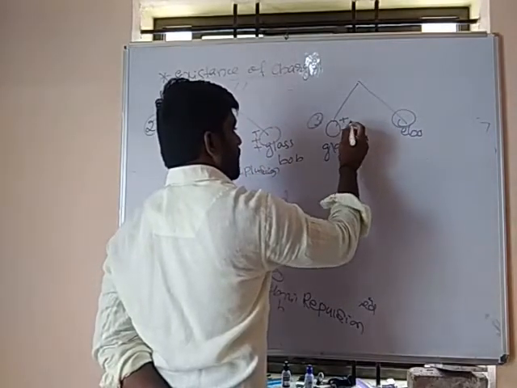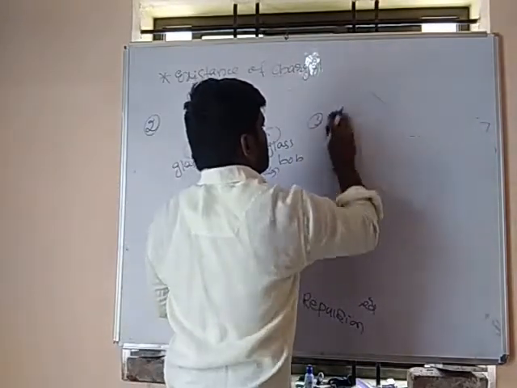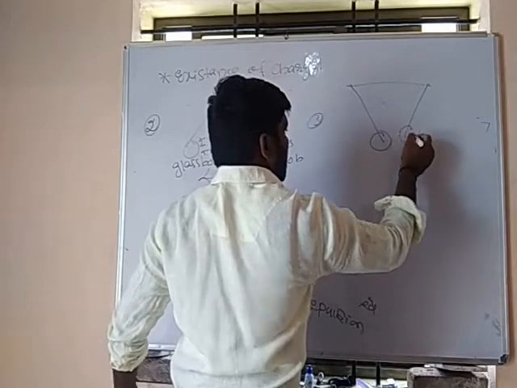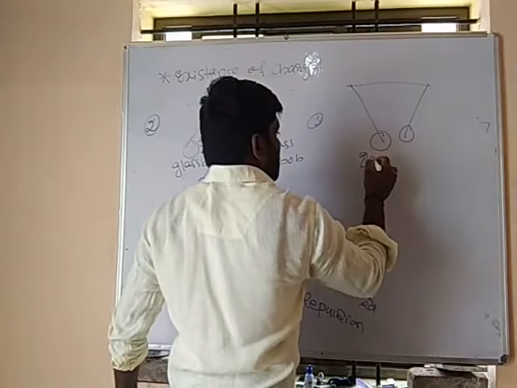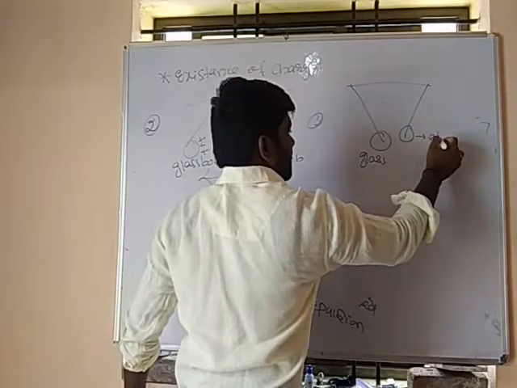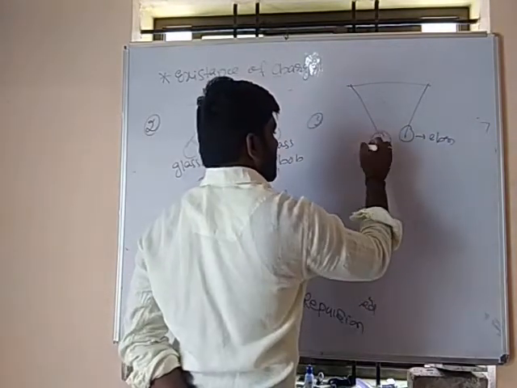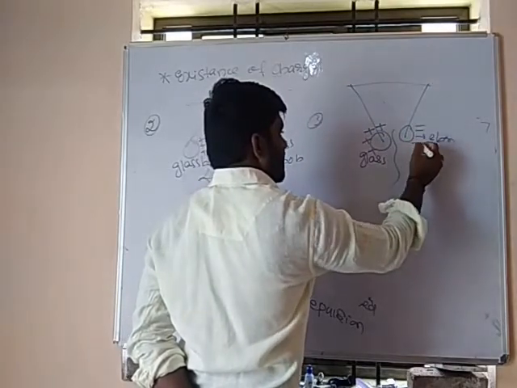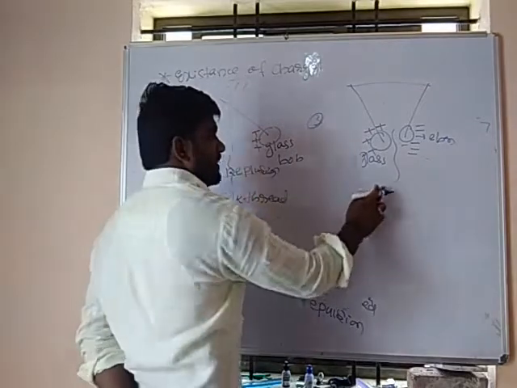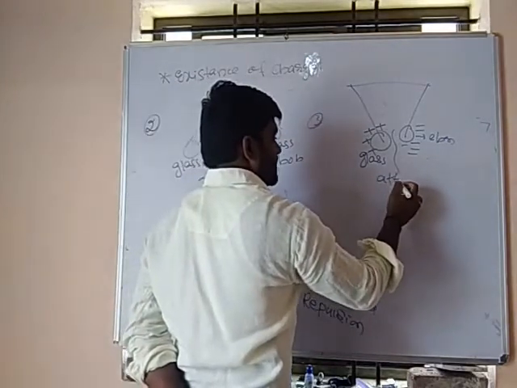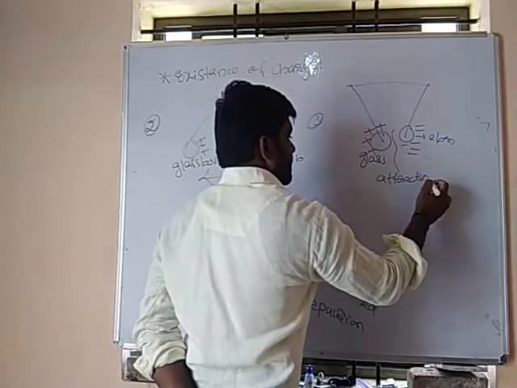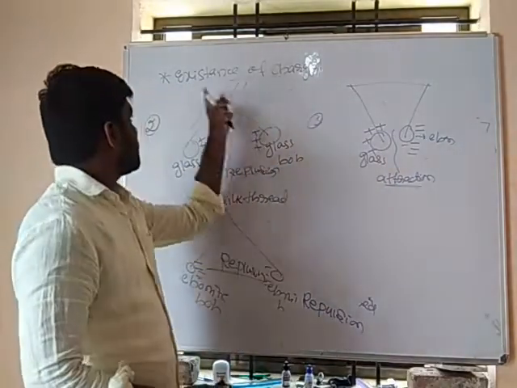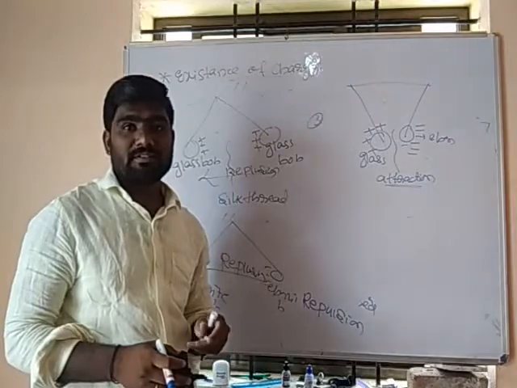The glass bulb acquires positive charge and the ebonite bulb acquires negative charge. Then here attraction takes place. Attraction will take place. So this is all about the existence of charges.